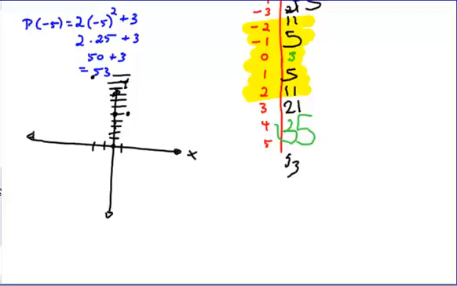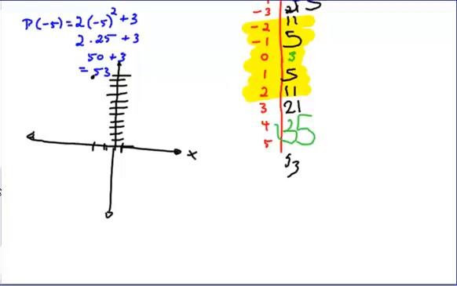Did I make a mistake? I made a mistake, didn't I? Oh, no. Hopefully you guys are better at graphing than me. Okay, that's the first point. I made a mess with the second point. Negative 2, 11.